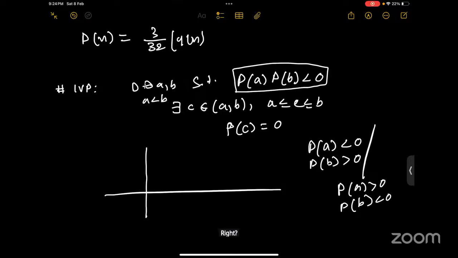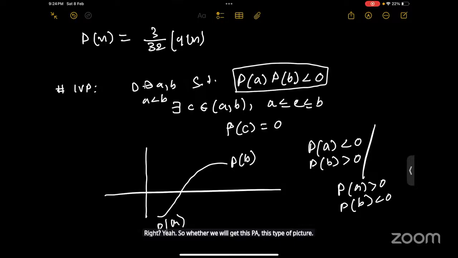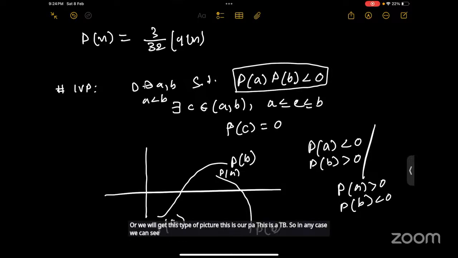So whether we get this type of picture or this type of picture, this is our P of A, this is our P of B. In any case, the line will always cut the x-axis, and this point is our C. Here our P of C is equal to 0.